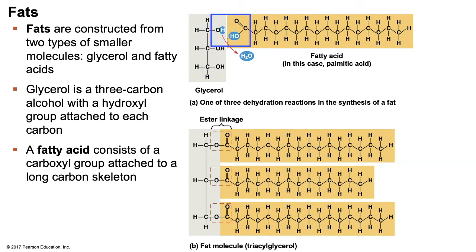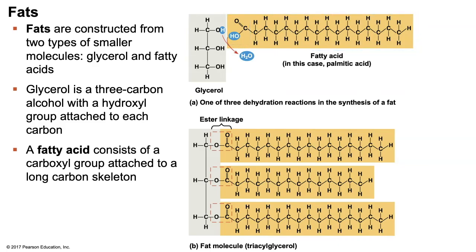The fatty acid chains are highlighted in yellow, and notice that they're all hydrocarbons, meaning they're just made of hydrogen and carbon, and that they vary in length. Fatty acids consist of a carboxyl group attached to a long carbon skeleton.